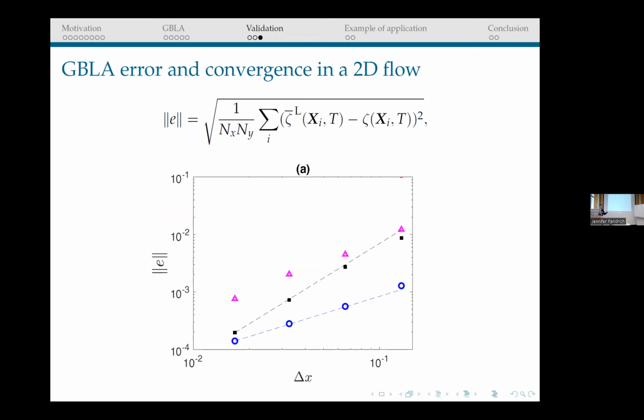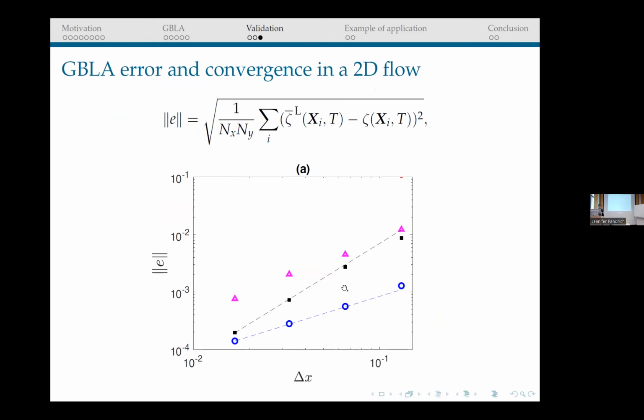To get the truth, my exact solution, I use very fine resolution and particle tracking. But to compare particle tracking with my method, I have the same delta x for both of them to have a fair comparison.